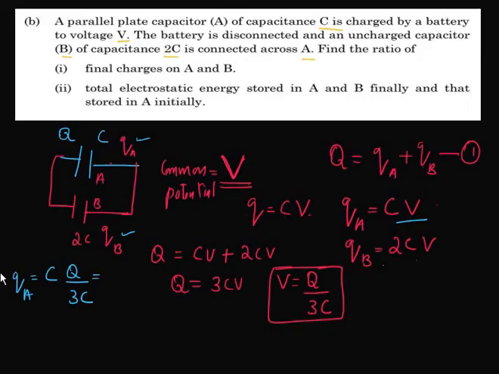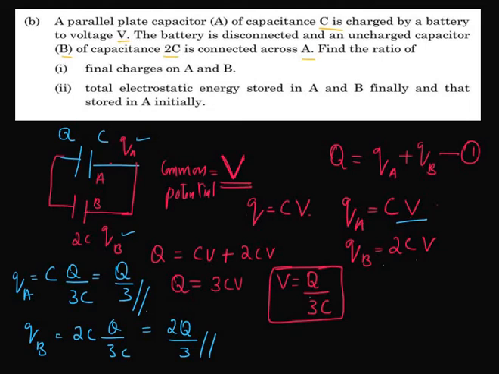So you will get QA as Q by 3. And QB will be equal to 2C into V, where V is Q by 3C, so you will get QB as 2Q by 3. So these are the final charges on A and B. This is the first part question's answer.